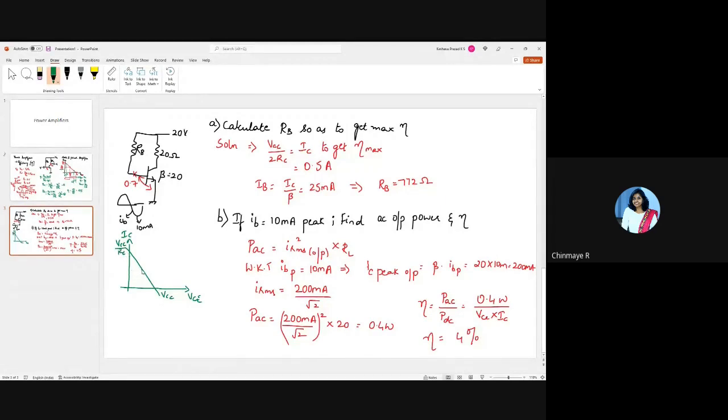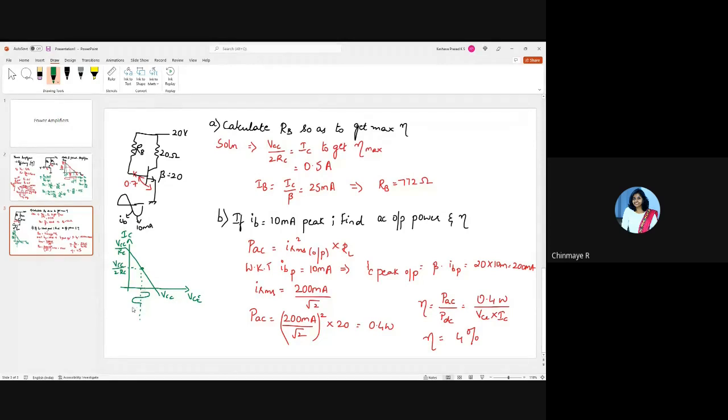So you will have to fix your Q point somewhere here in order to get the maximum efficiency. No, we have fixed it. But here the problem is the input voltage that you're giving is such that the output voltage is not peak to peak. Even though you fixed your voltage at this point, the swing is not maximum.